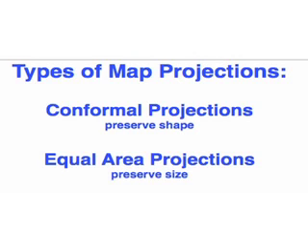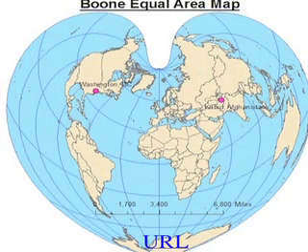On the other hand, an equal area map will preserve size, but not shape. So if you look at a truly equal area map, you may not recognize the land surfaces or the land shapes because they will not be the way you're used to seeing them on a conformal map.